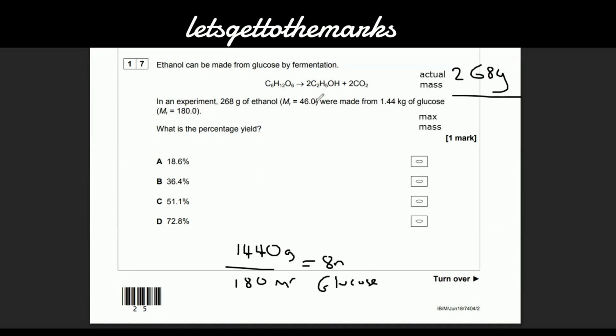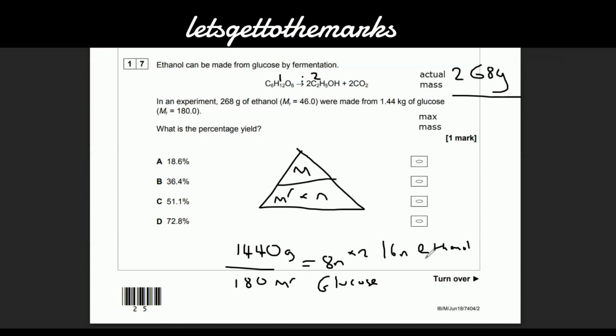How many moles of ethanol should I make? It's a 1 to 2 ratio, so times 2, I should make 16 moles of ethanol. To find the grams, I do moles times Mr. So 16 moles of ethanol times 46, and I get 736.